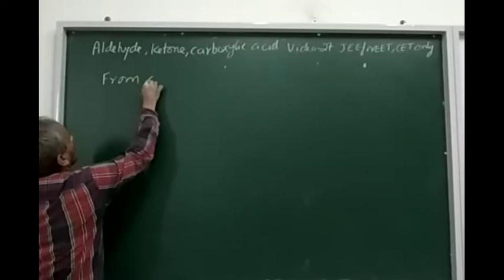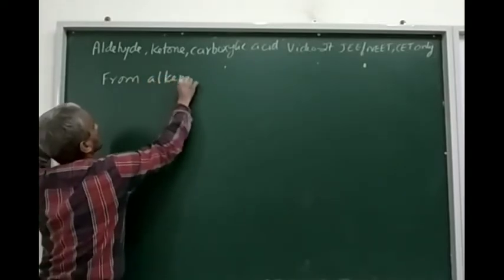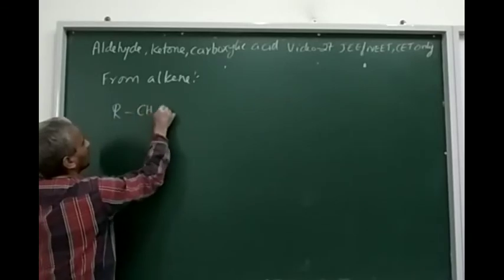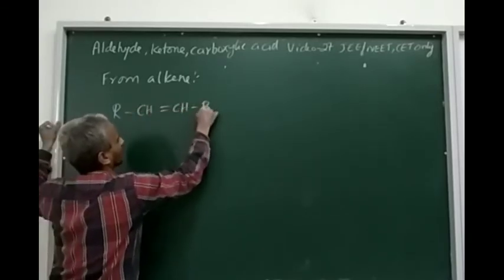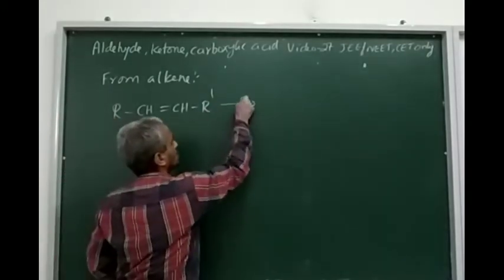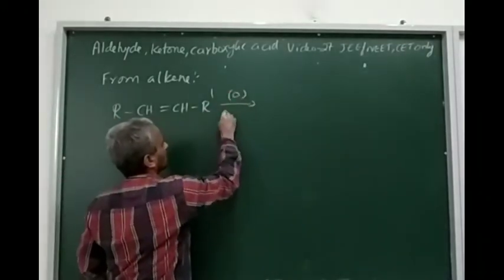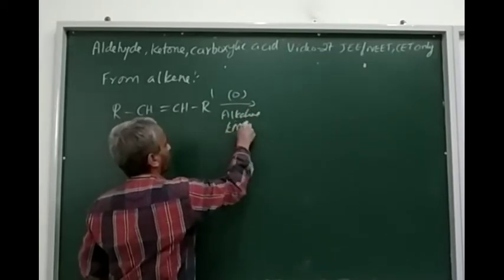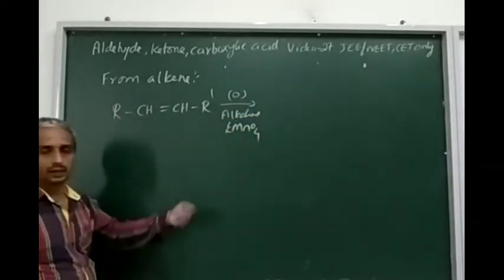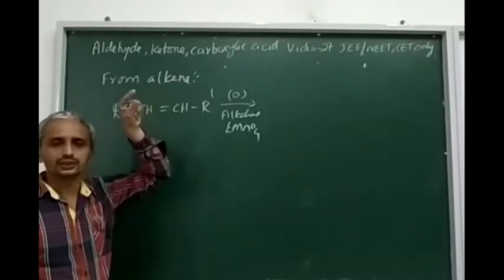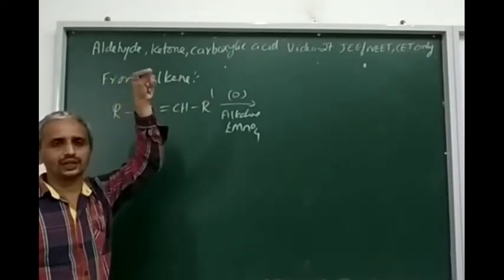Now from alkene. Alkene is what? RCH=CHR'. This is an alkene. Go for the oxidation with alkaline KMnO4. Alkaline KMnO4 is used to test the unsaturated compound.